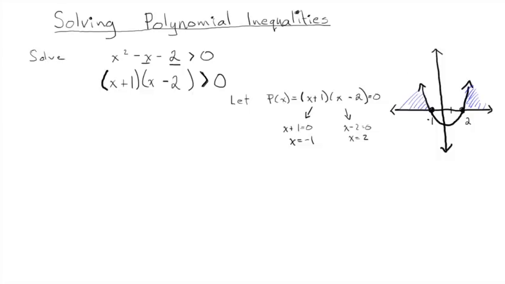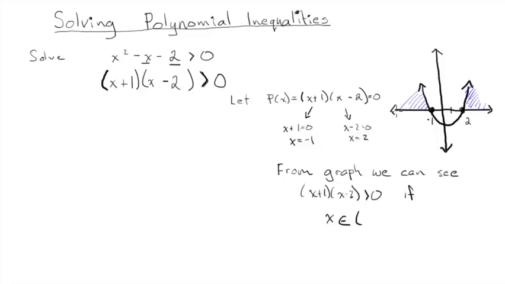So from the graph, we can see that x plus 1, x minus 2 is bigger than 0 if x is in which intervals.